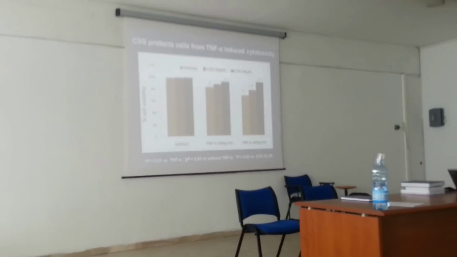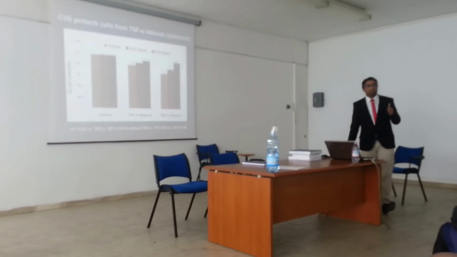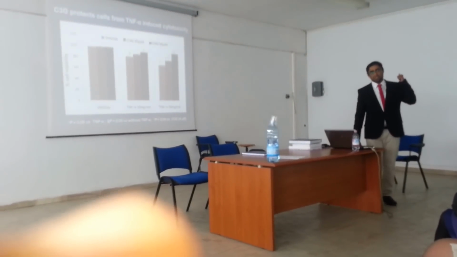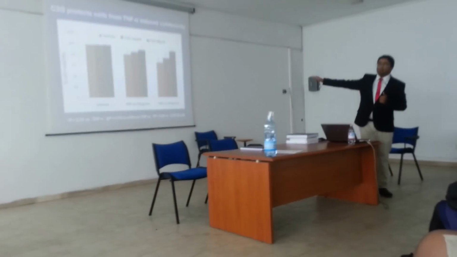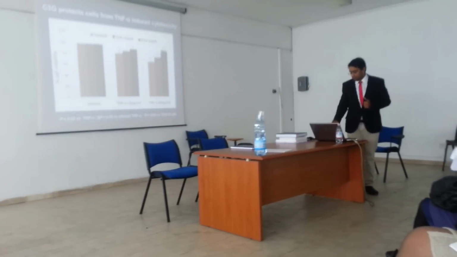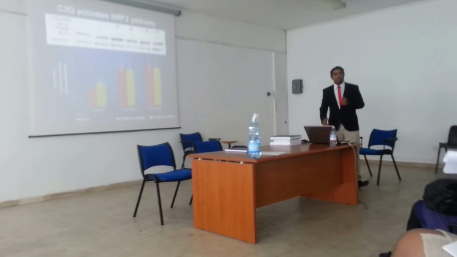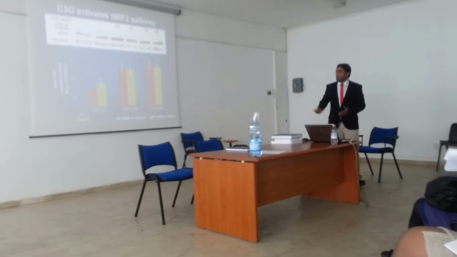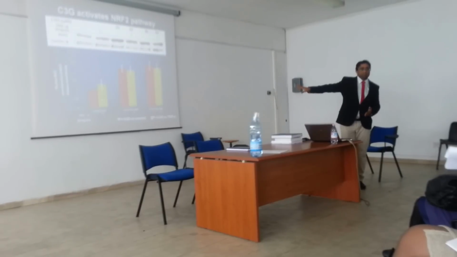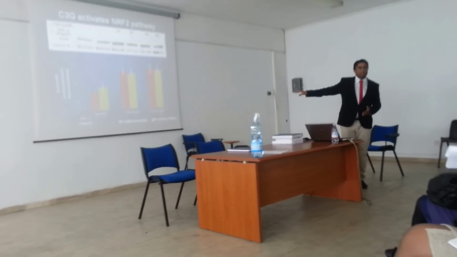So we found that cyanidin was able to protect the cells from damage caused by TNF-alpha, like previously we did with BSO. Cyanidin was able to protect the cells at higher dose. Then again, cyanidin was able to activate this NRF2 pathway with stress and without stress.